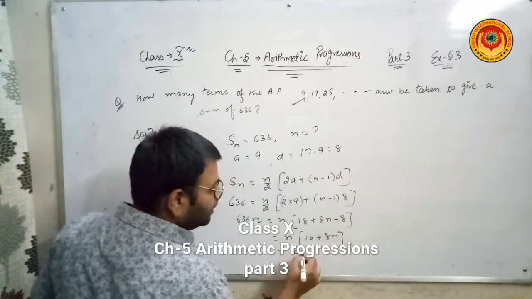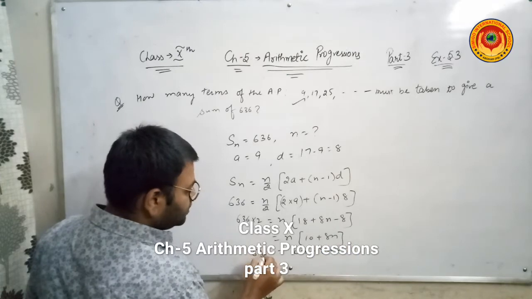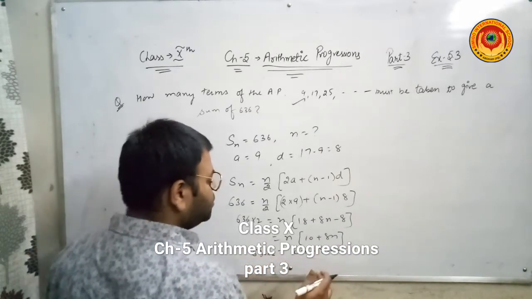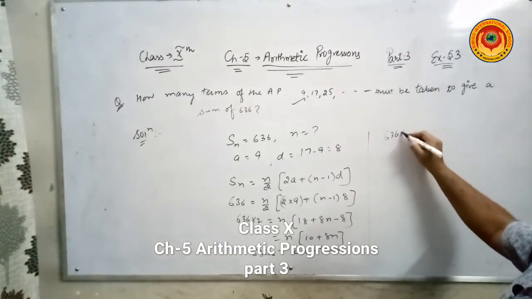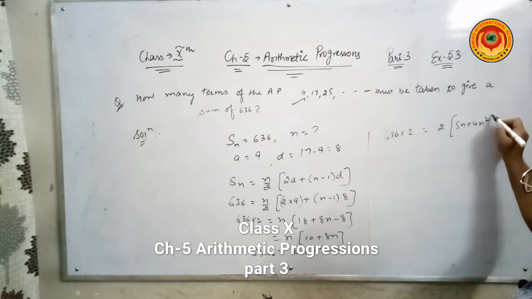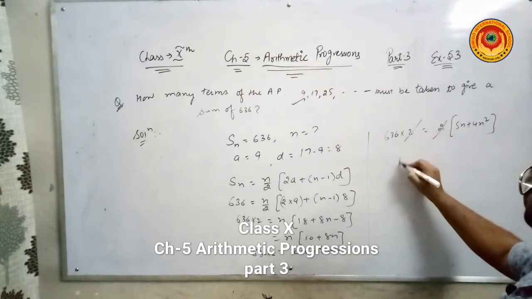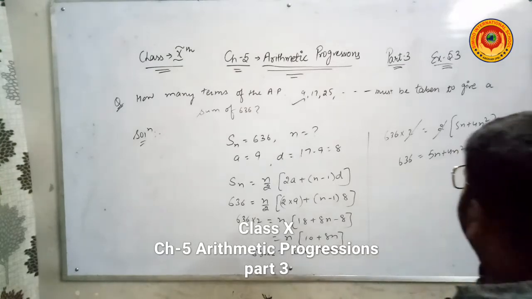Again open the bracket: 10n plus 8n square. Here 636 into 2. Just take 2 common out. What does it become? 5n plus 4n square. 2 cancels with 2. 636 is equal to 5n plus 4n square.